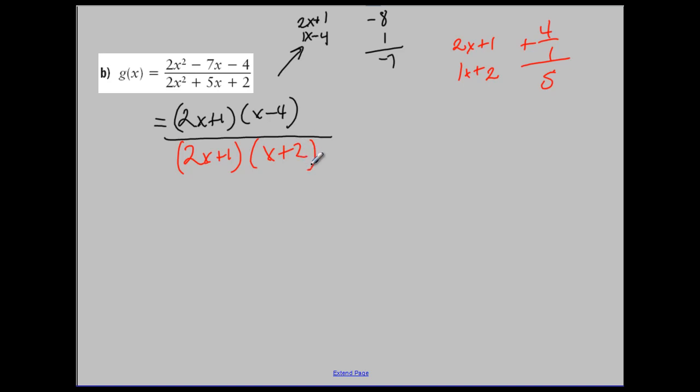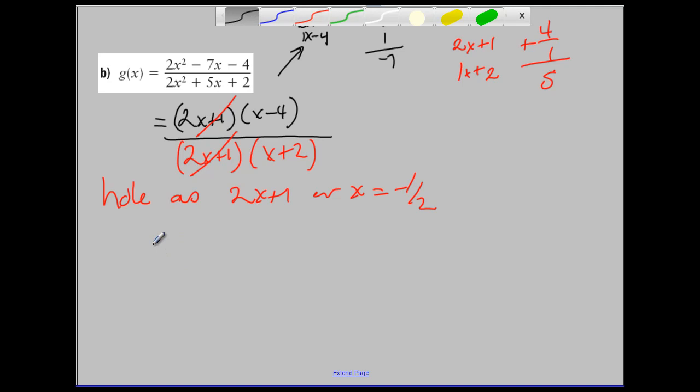What we need to do is now cancel out once again and recognize that there is going to be a hole at 2x plus 1, or simply x equals -1/2. To find the actual value of y where that hole is, we take -1/2 and substitute it back in.